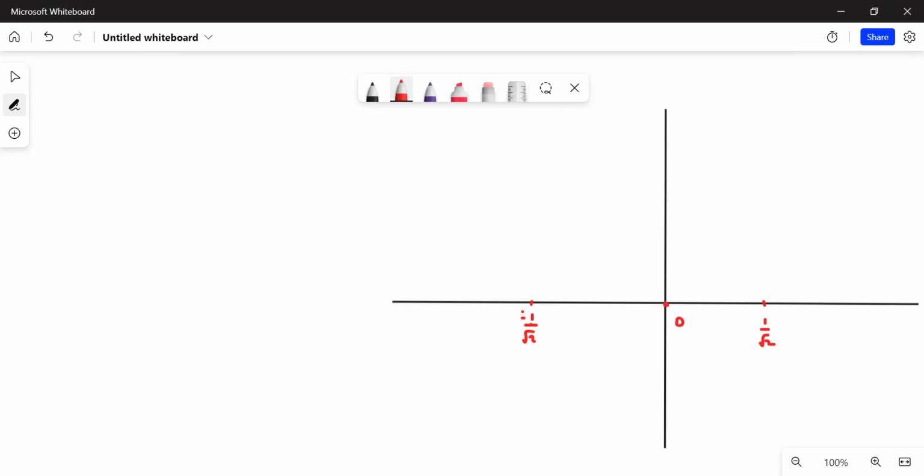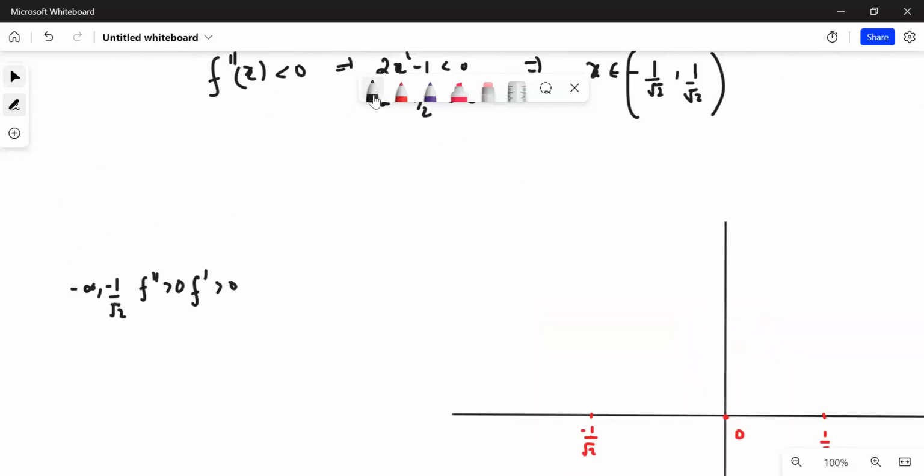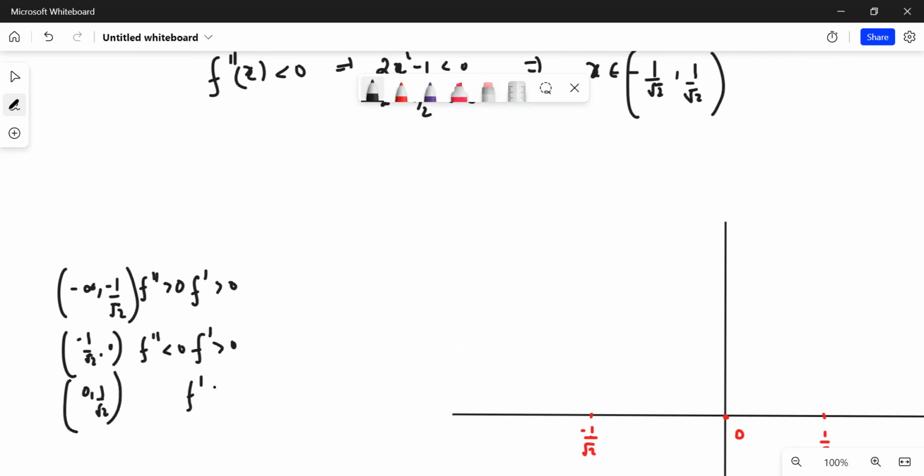Okay, just for your convenience I'm doing this. Okay, is that clear? Now see, यहाँ पे हम लिख भी देते हैं उस चीज को जो हम कर रहे थे। देखो माइनस इन्फिनिटी कॉमा -1/√2, your function's second derivative was positive, your function's first derivative was again positive, I think। तो दोनों पॉजिटिव हैं। ओके, -1/√2 कॉमा 0, your function's second derivative is negative, however your function's first derivative is positive. 0 comma 1/√2, your function's first derivative is negative, and your function's second derivative is also negative.